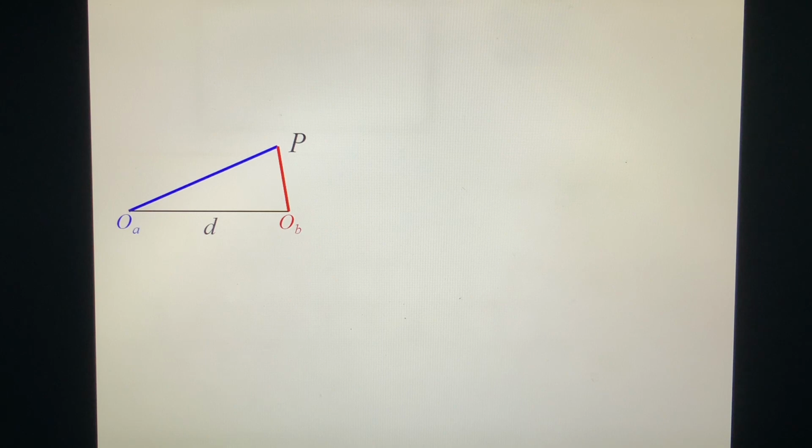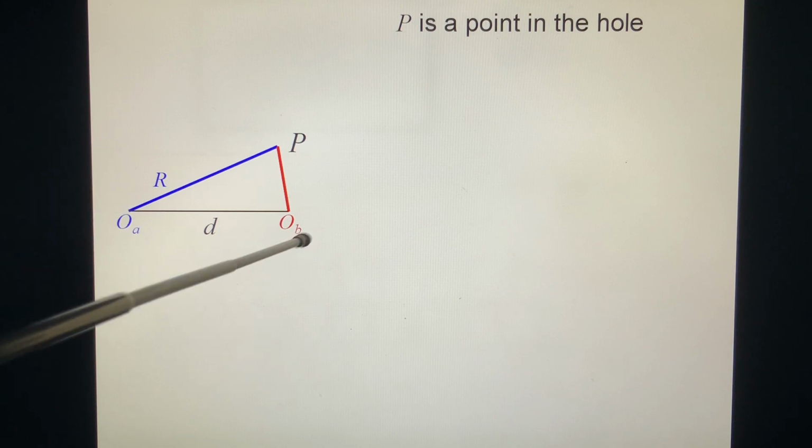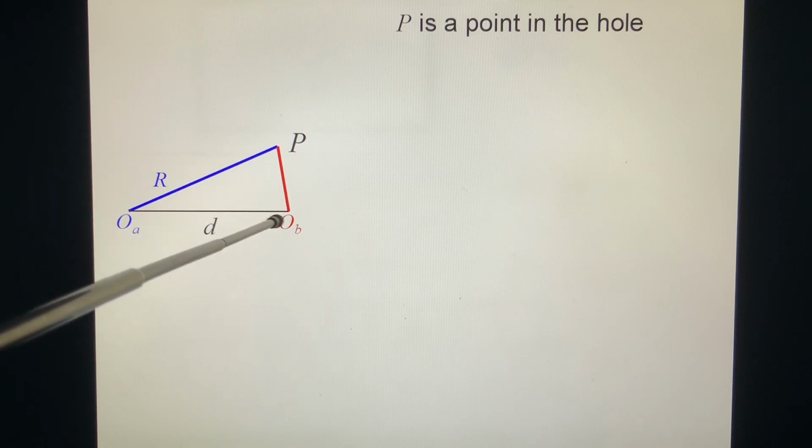Now, let's find the magnetic field at point P, which is in the hole. P is a point in the hole. Suppose the distance from P to the axis of cylinder A is r. This is the axis of cylinder A, and this is the axis of cylinder B, the center.